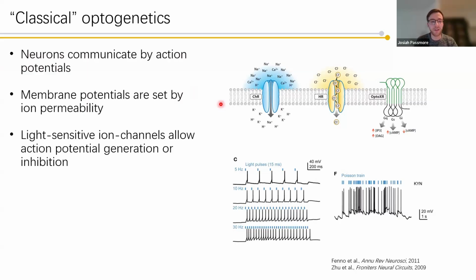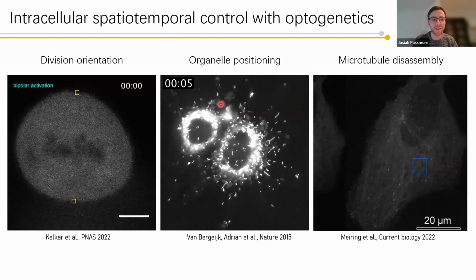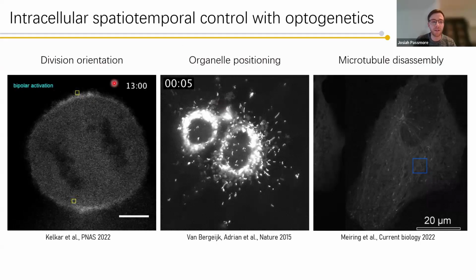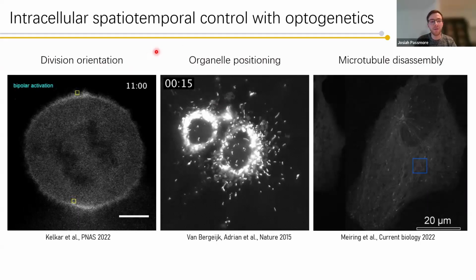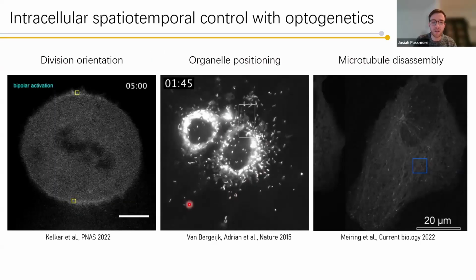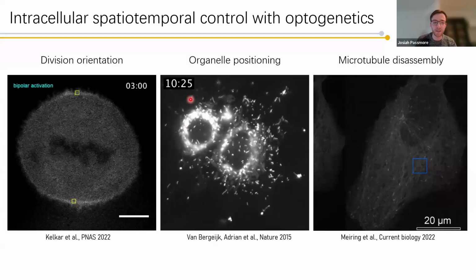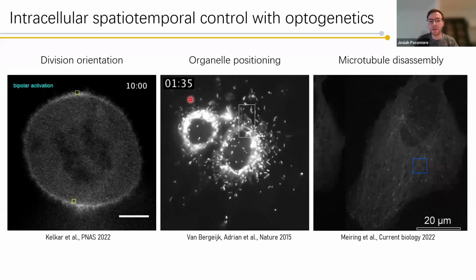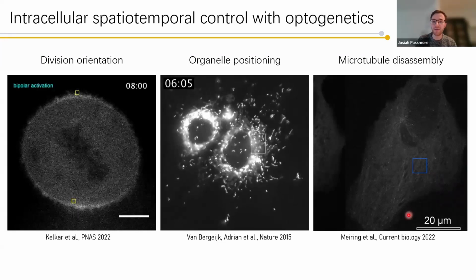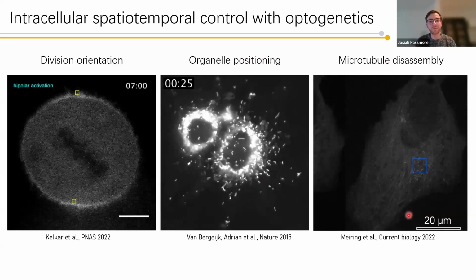But since then, we've really moved on to, well, not moved on, but in parallel, we're also now looking at how you can use optogenetics to do intracellular spatial temporal control. So now we're really looking at the subcellular level, where you can do, for example, illuminating small regions of your cell to control the orientation of a spindle, or you can recruit a cargo to a molecular motor to induce directed movement of organelles, or you can recruit katanin into a microtubule to then selectively disassemble the microtubules in your experiment.